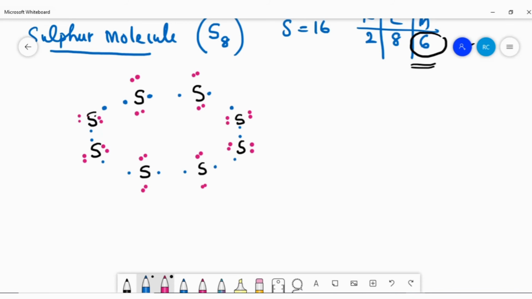This is the first sulfur atom. I'm just going to draw the electron dot symbol for the first sulfur, 2, 4, then the remaining 2 electrons are satisfied with the next 2 sulfur atoms. So I have to draw the structure in this way.